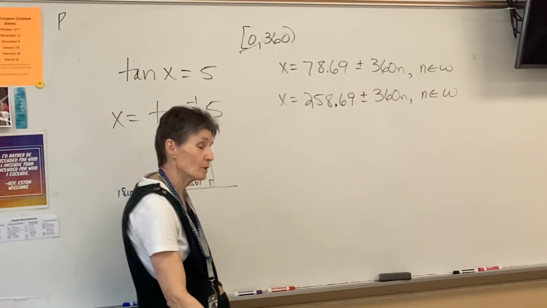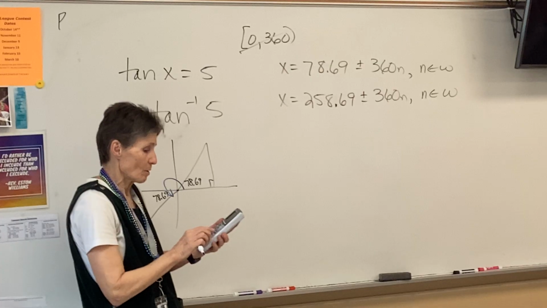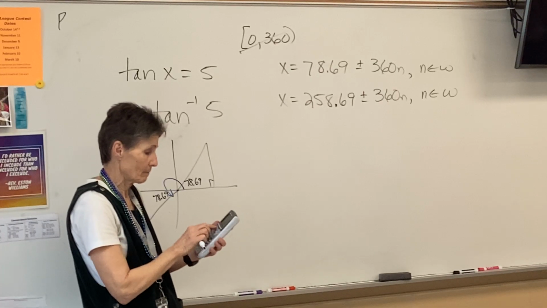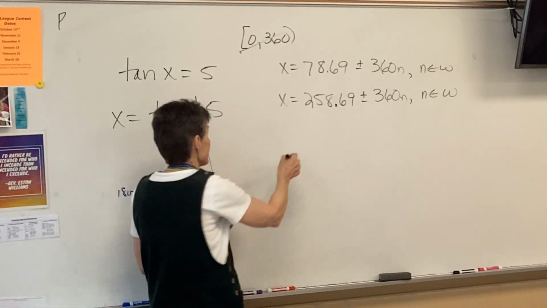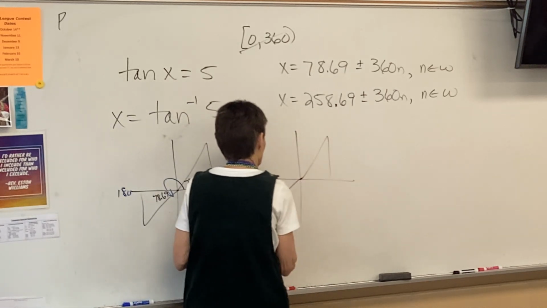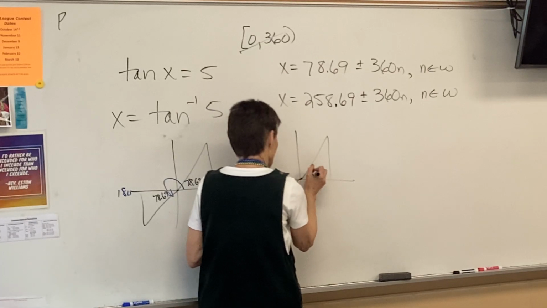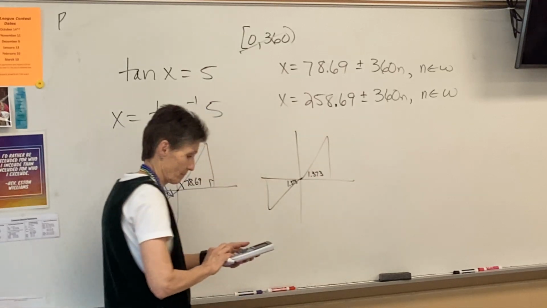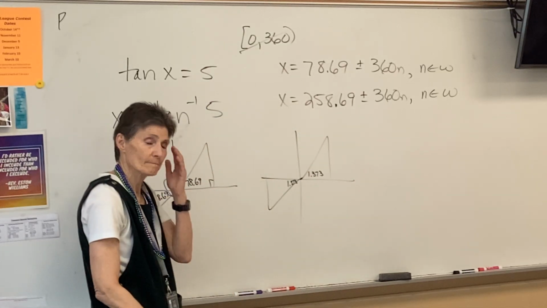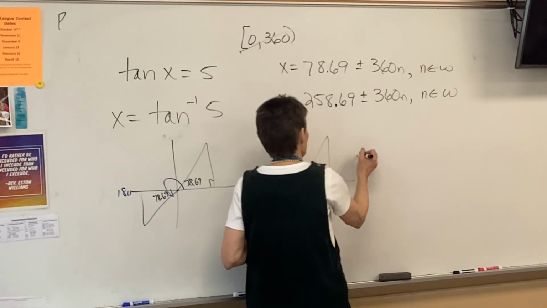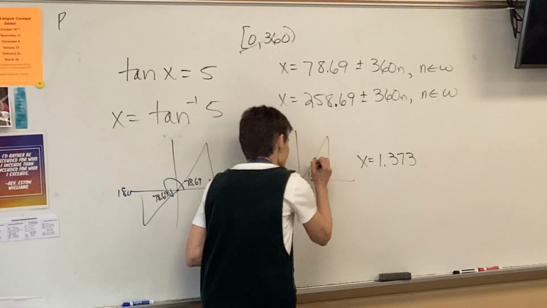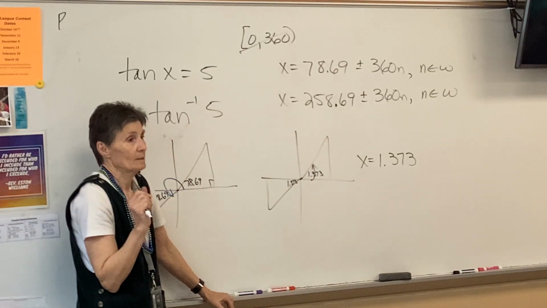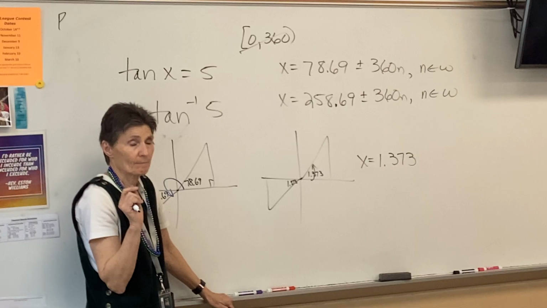Now, for practice, we're going to do the same problem in radians. We're going to change that to radians. Second tangent 5, and this time I get 1.373. So in radians, same problem, but one of my answers is that right there, quadrant 1, whatever the calculator says.